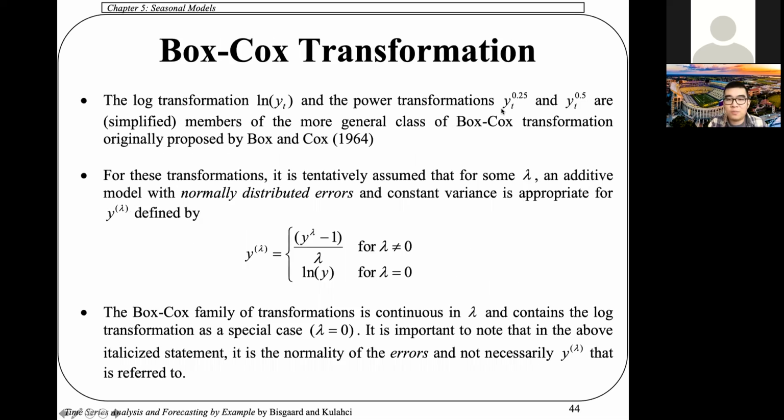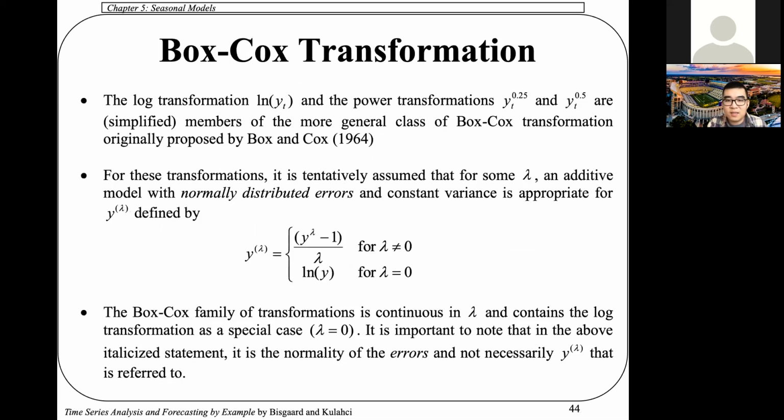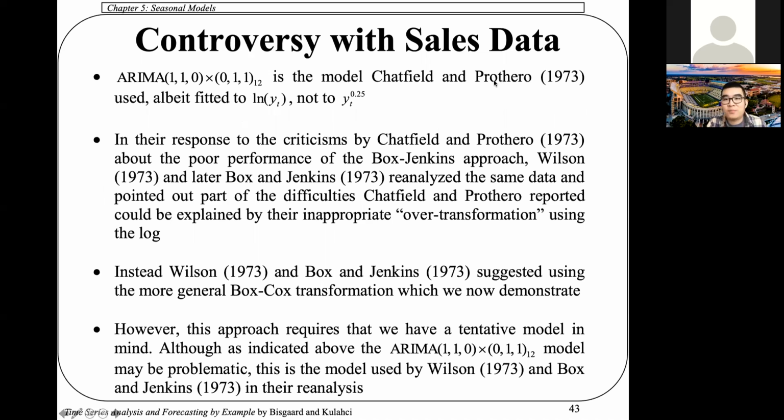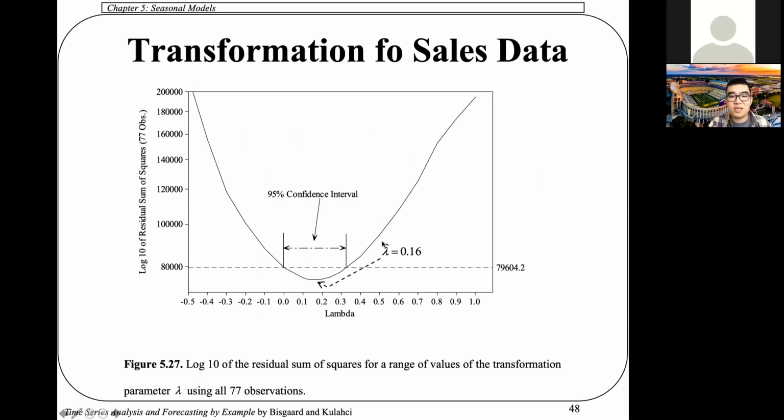In our previous analysis, where we got all those small p-values of the LB statistics, we used lambda equal to 0.25. And in the Chatfield and Prothero analysis, they just picked lambda equal to 0. But we find that the optimal lambda is actually equal to 0.16.